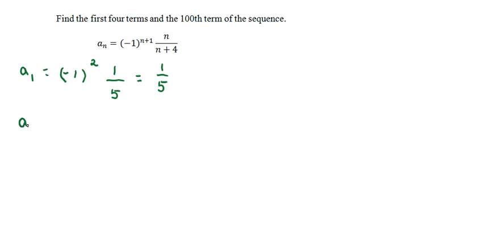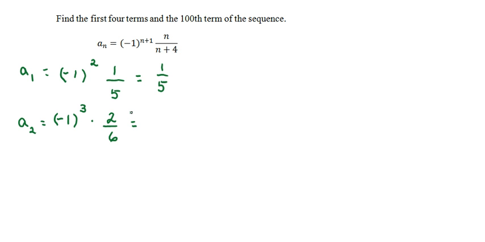A sub 2 is going to equal negative 1 to the 2 plus 1, which is 3. The fractional factor will be 2 over 2 plus 4, because our n is 2, and 2 plus 4 is 6.